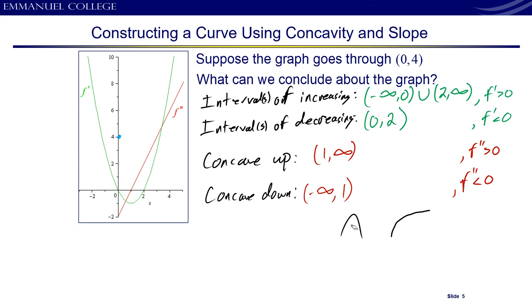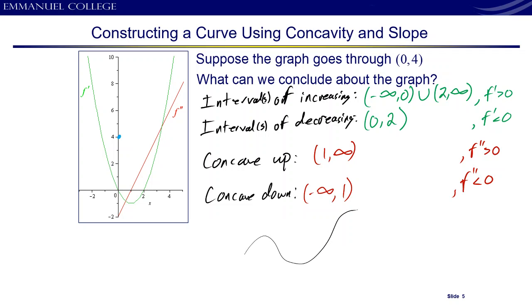All I need for concave down is to kind of think like an upside down parabola, or a parabola that opens downward, I should say. So if I'm increasing from negative infinity to 0, and it's concave up, then that's going to be interesting to draw.